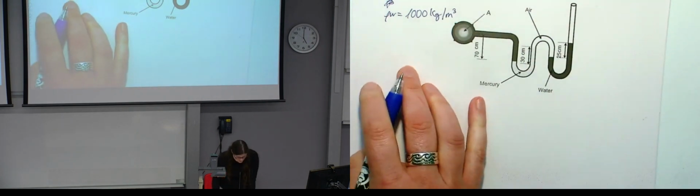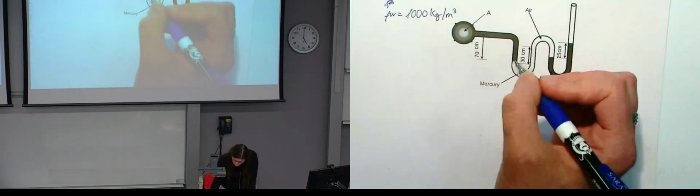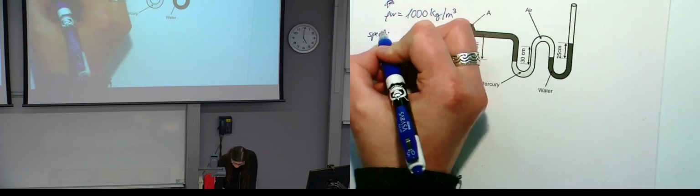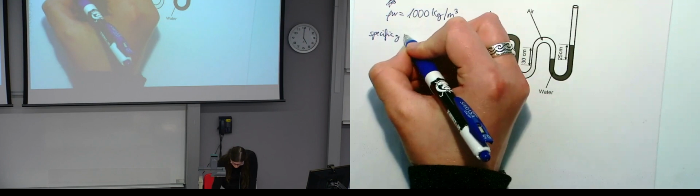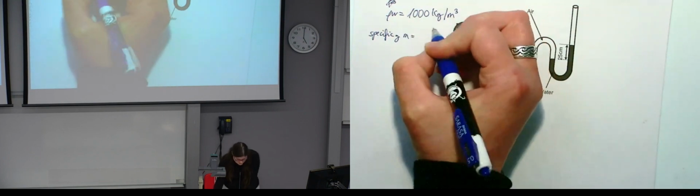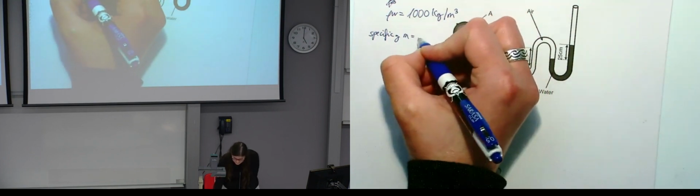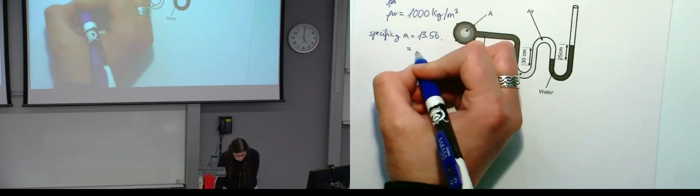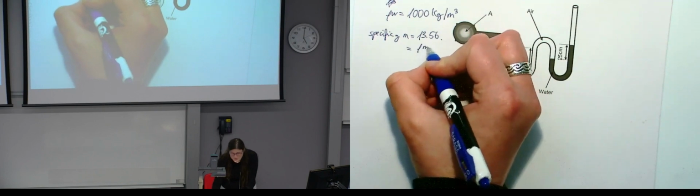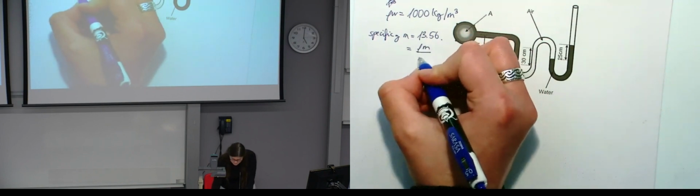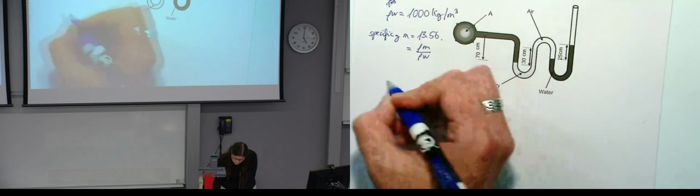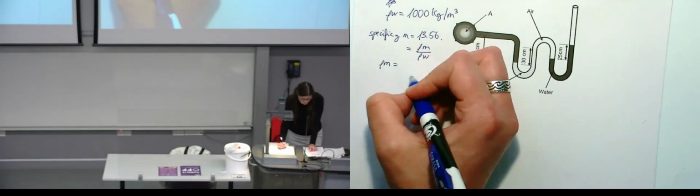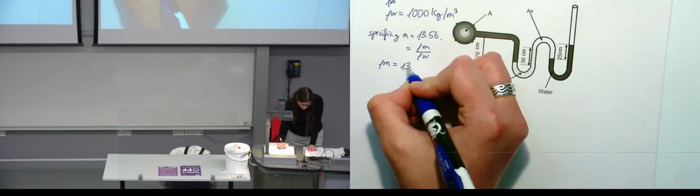We know that the specific gravity of mercury is 13.6, and this is the density of mercury divided by the density of water. So then the density of mercury would be this.